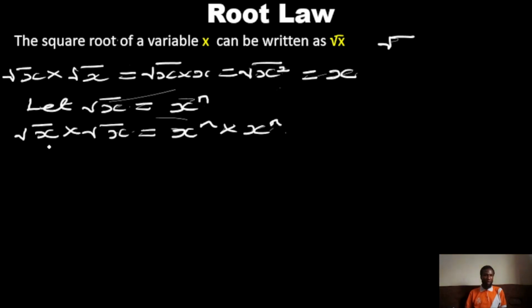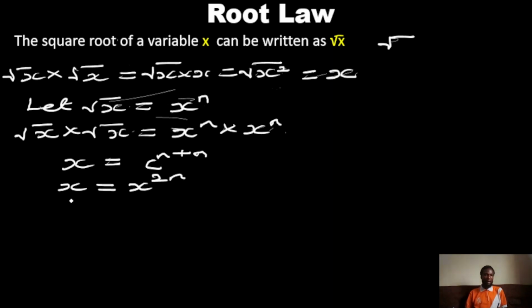But remember that square root of x times square root of x equals x from what we have above. So x equals what? x raised power of, remember we have the same base being multiplied. What do you do? You keep the base and add the powers. That will be n plus n. Then we now have x equal to x raised power of 2n.